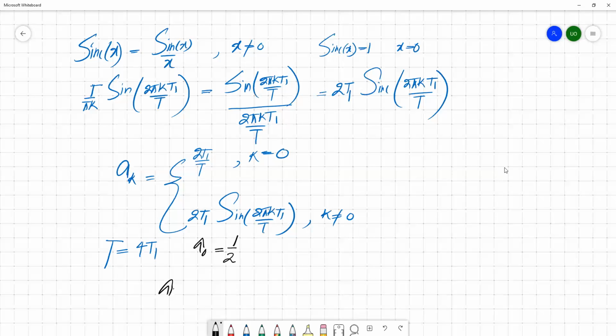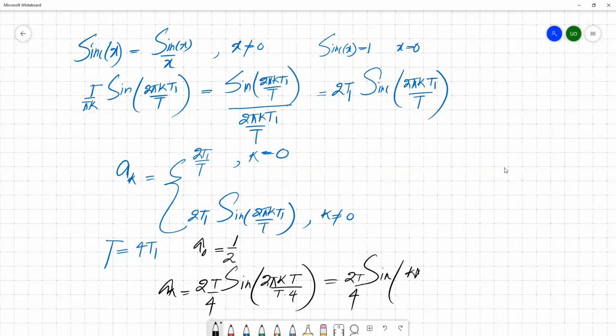What about a k? Here t1 is t divided by 4, so we have 2 pi k t1 over t equals k pi over 2.